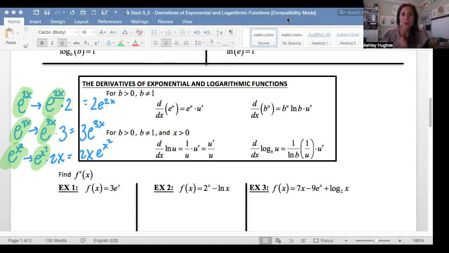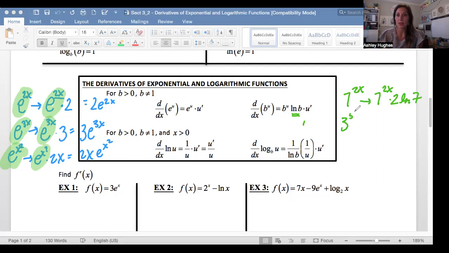It's a very similar process when you have another exponential function with a base besides e. You just have to multiply by the natural log of b. Say I had 7 to the 2x. The derivative would be 7 to the 2x times 2 times the natural log of 7.